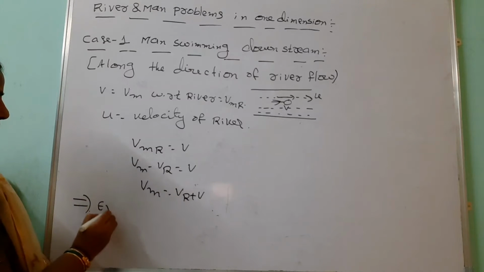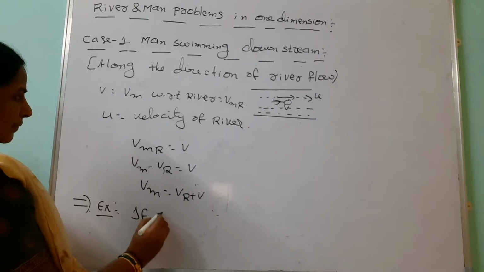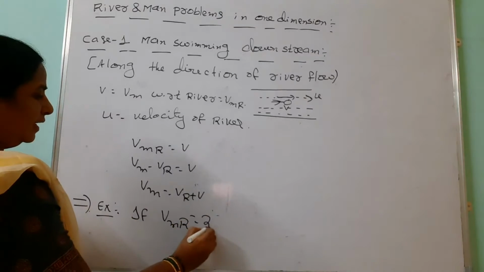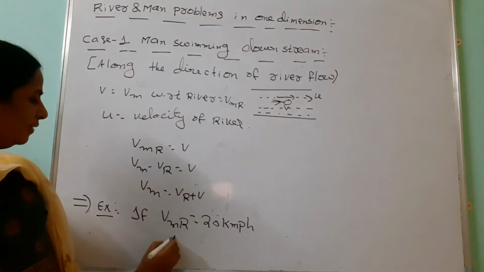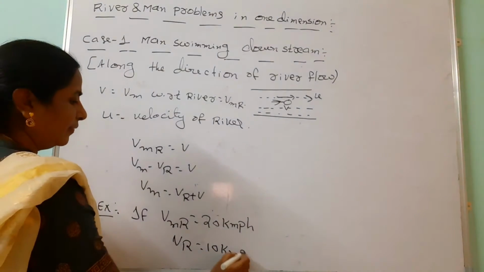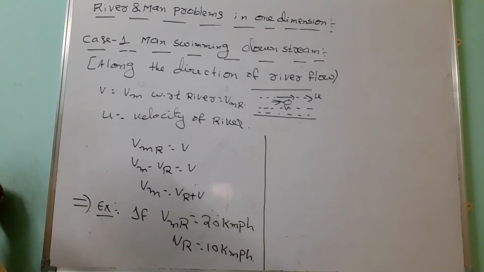One problem we are doing here. If the velocity of the man with respect to river is 20 kmph, and the velocity of the river is 10 kmph, how do we find the velocity of the swimming man?